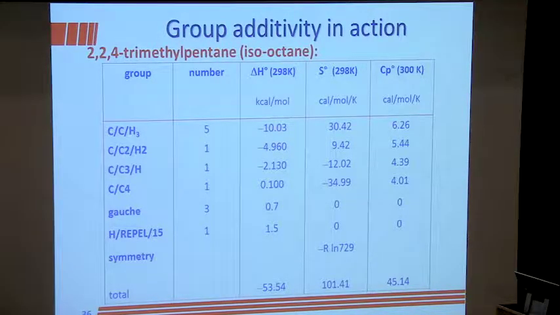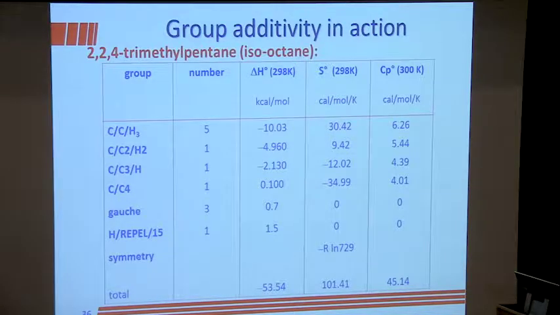So anyway, here's our 5 of these, the different groups. So 5 times this, plus 1 times this, plus 1 times this, plus 1 times this. Plus 3 Gauss corrections, 3 times 0.7, and 1,5, we end up with a total of minus 53.54. It's a very simple calculation. Do it yourself. See that you get minus 53.54 and how it comes out.